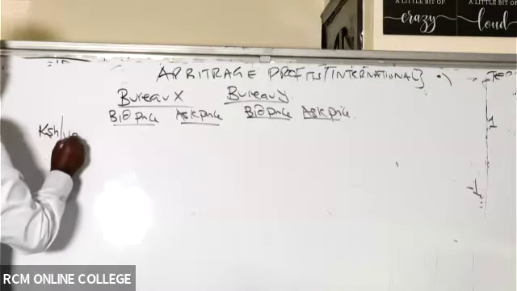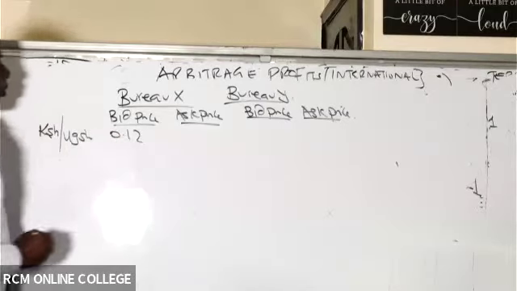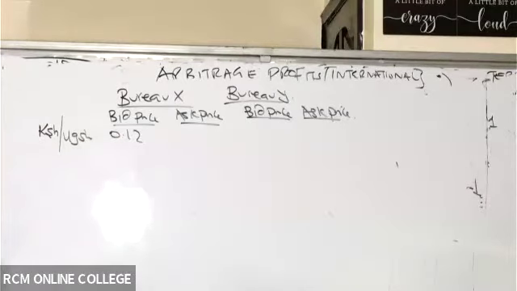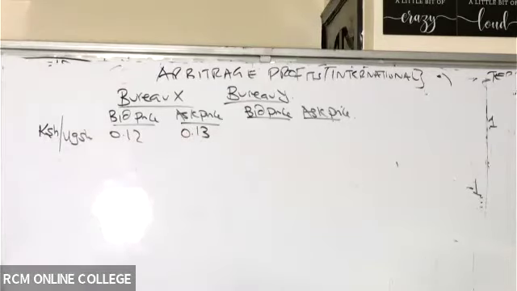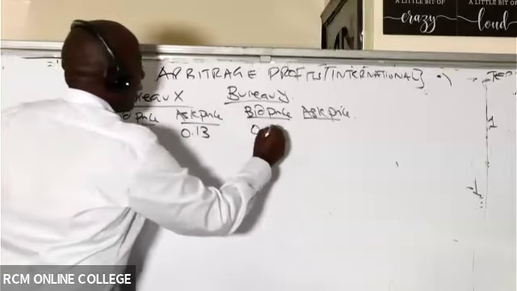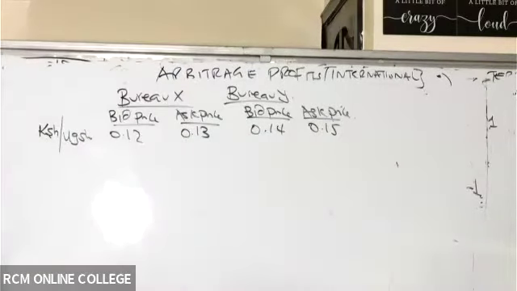For Bureau X, the bid price is 0.12 and the ask price is 0.13. For Bureau Y, the bid price is 0.14 and the ask price is 0.15.